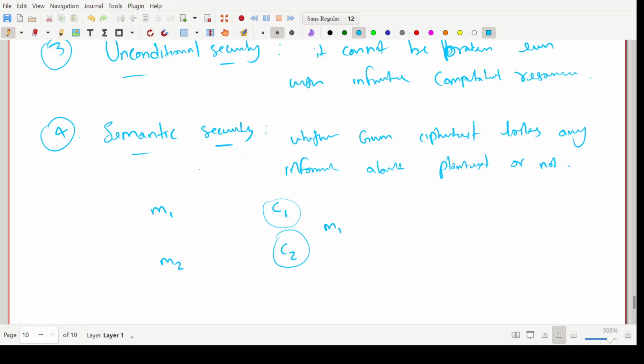So to achieve semantic security, the system must be at least randomized. All deterministic crypto systems are not semantically secure, because they will leak some information about the plain text.